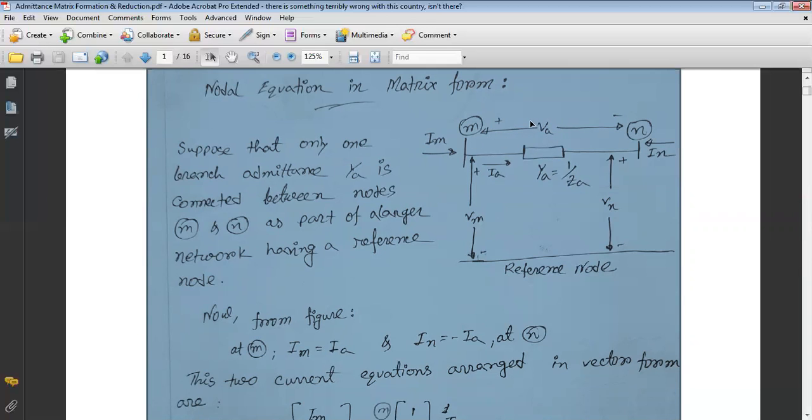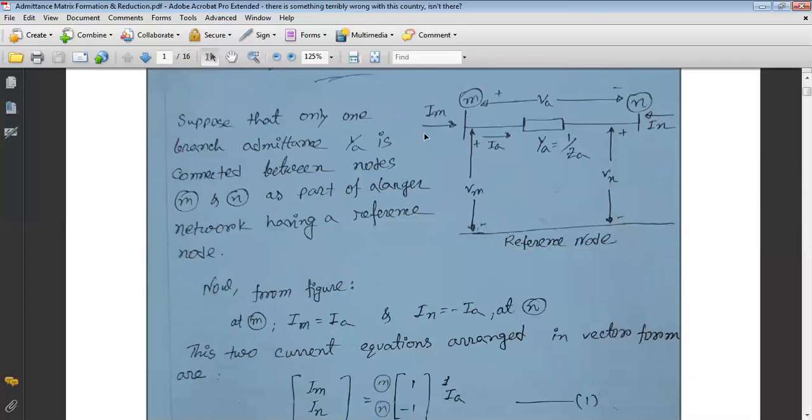VA is the voltage drop between the M and N nodes, across the admittance or impedance ZA, which is the voltage difference between the two nodes M to N. Now the current entering from the M node is IM, and if we consider this current equal to IA, it means that IA is the series branch current.